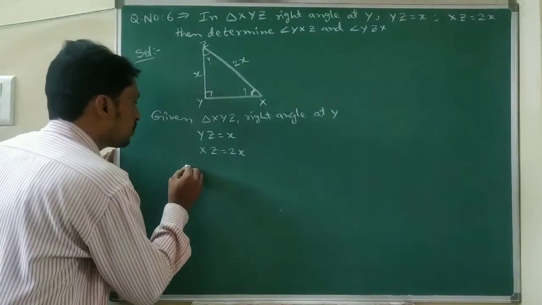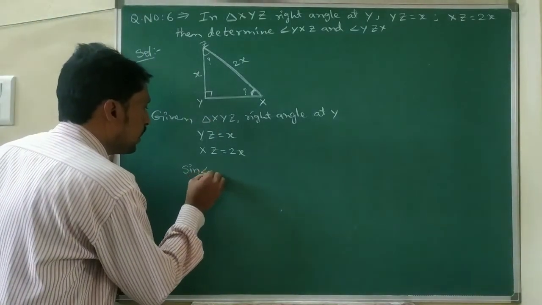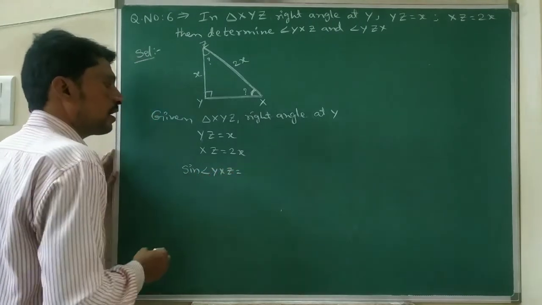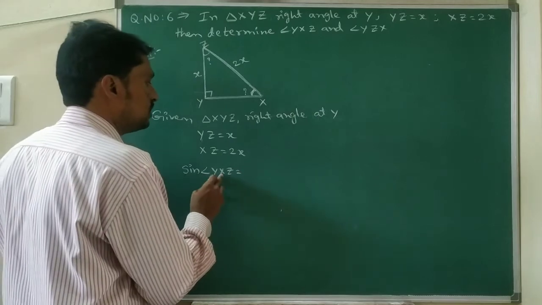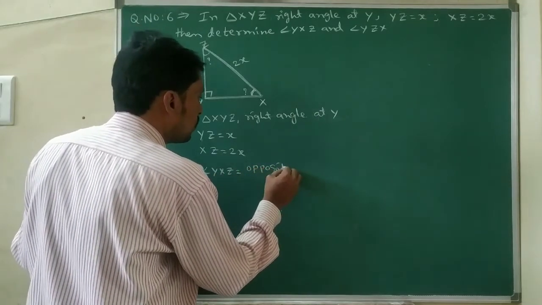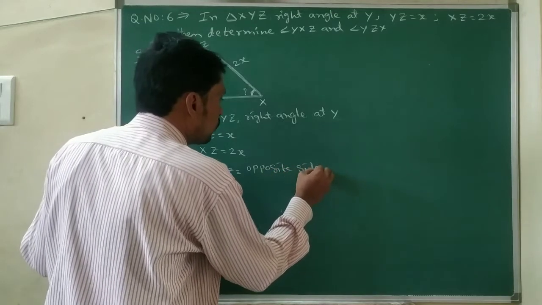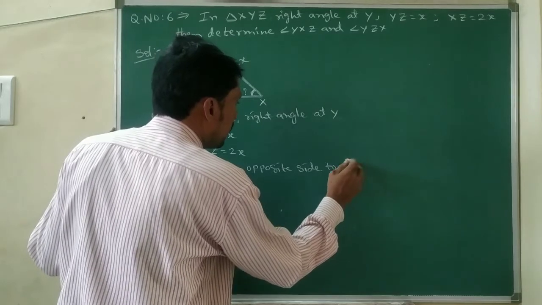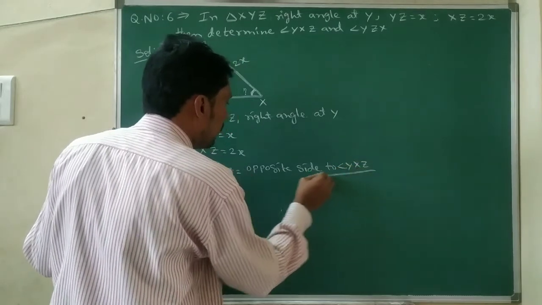Now I am taking sine of angle YXZ equals the opposite side to angle YXZ by hypotenuse.